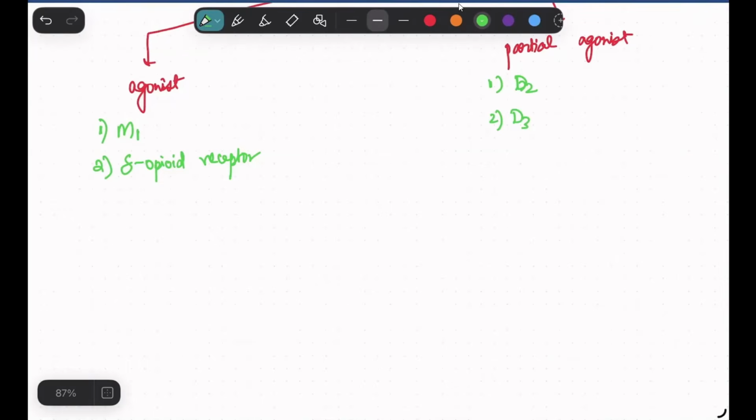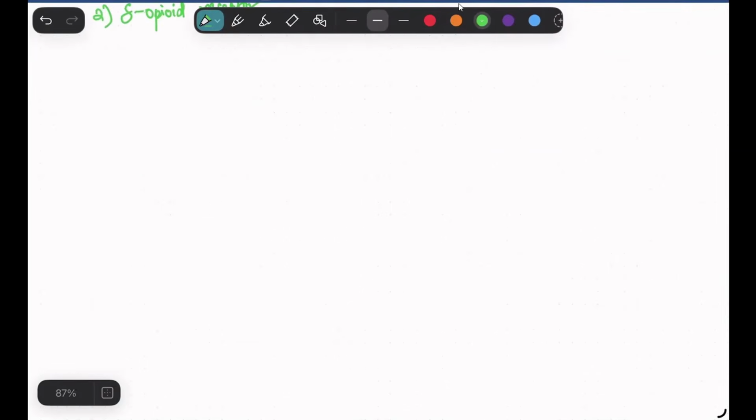So this is important, and this is different from the parent compound. The parent compound was showing antagonist action at around 4 to 5 receptors and partial agonist action at 5-HT1A, while N-desmethylclozapine shows agonist action at the M1 receptor and delta opioid receptor and partial agonism at the D2 and D3 receptors. Thus, we see the difference here.